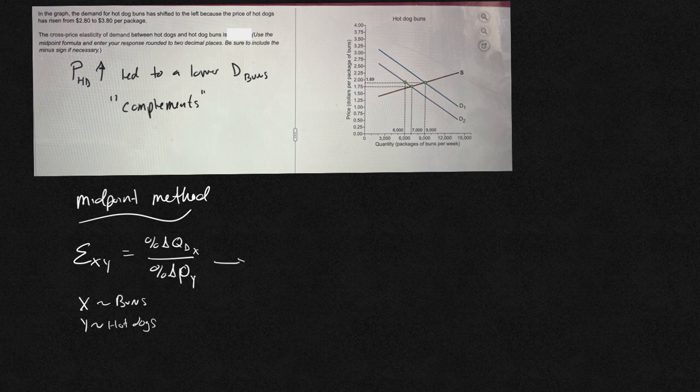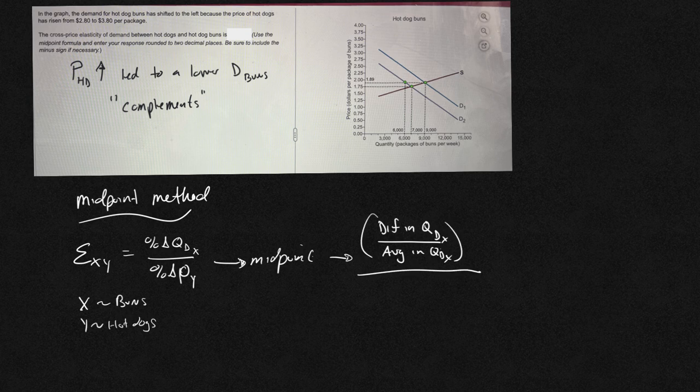Now, as I mentioned, we're going to want to make this the midpoint formula. So for the midpoint formula, we're going to have the difference in quantity demanded for good X over the average, or midpoint, in the quantity demanded for good X. Divide that whole thing by the difference in the price of good Y divided by the average in the price of good Y. Now, this might not be the way that it's presented to you, but this is what I found is going to be the best way of explaining it to students.